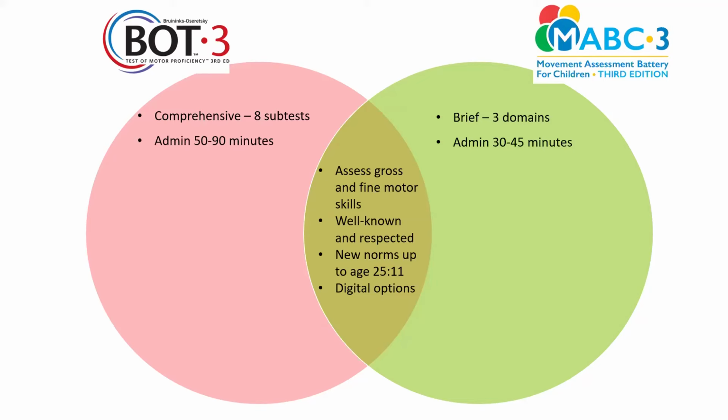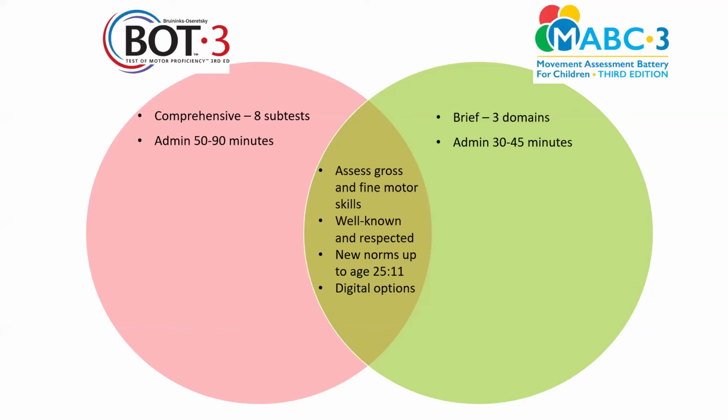And with so many more items, the BOT-3 takes longer to administer than the Movement ABC-3. If all subtests are completed, the BOT-3 will take somewhere between 50 and 90 minutes, as opposed to 30 to 45 for the full Movement ABC-3 test. So while you do get a lot more detail from the BOT-3, you will need to spend more time administering the test.